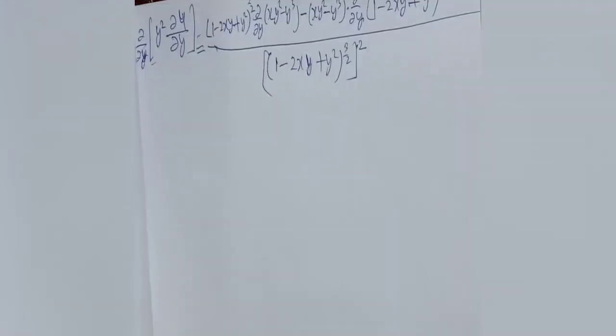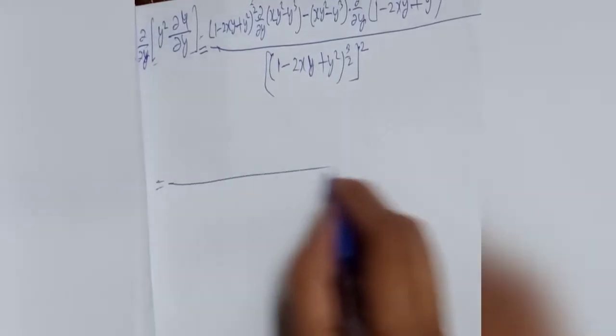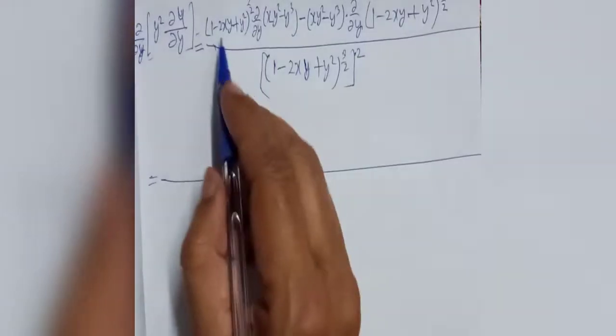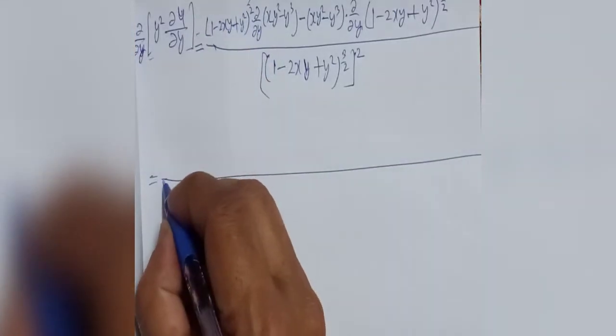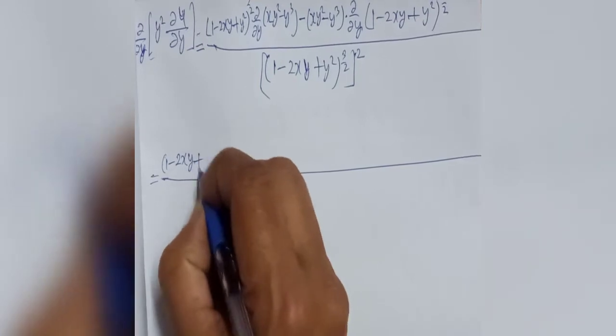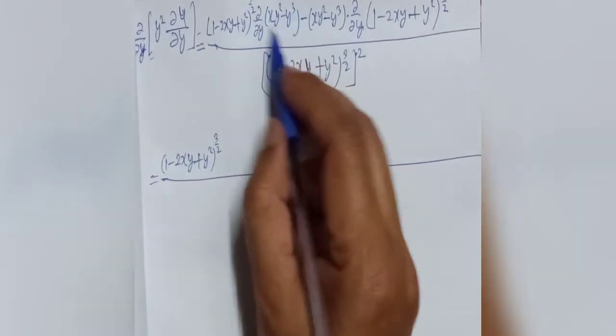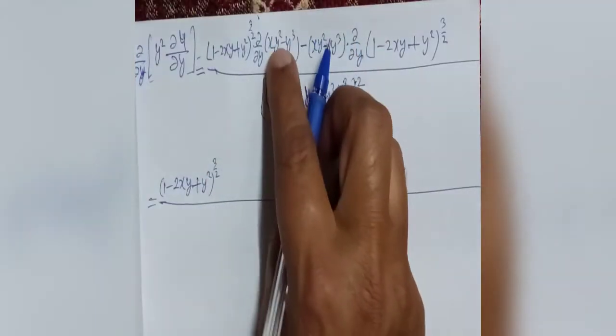Now we go to the next step. Write this value as it is, 1 minus 2xy plus y square 3 by 2. Now differentiate this value with respect to y.